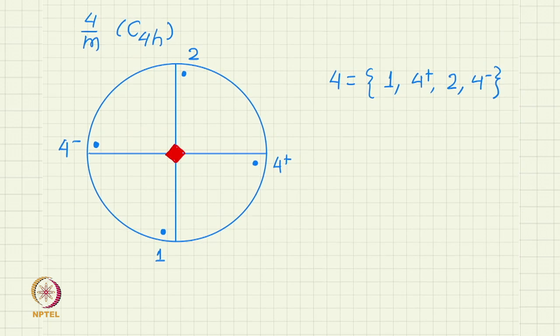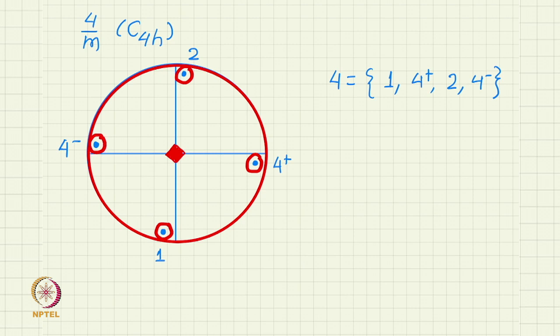Now, we come to the fourfold axis. We wish to place a perpendicular mirror. Again, the 4 general positions of the fourfold axis will reflect into 4 more positions of changed handedness below the plane.